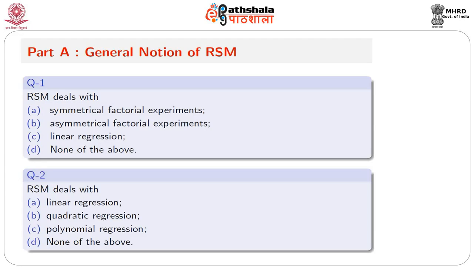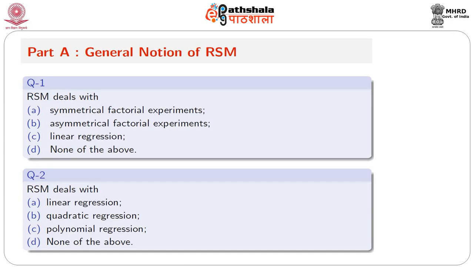Next one. The next one is: RSM deals with linear regression, quadratic regression, polynomial regression, or none of the above. If we are talking about response surface methodology, then the first thing we have to understand is that it's not one regressor or one covariate. There are a number of regressors acting on it, and they could have a quadratic effect, polynomial effect.